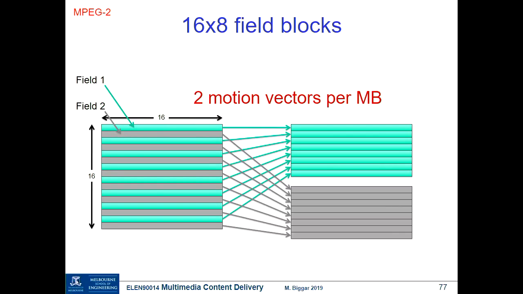We just take every 16 by 16 block and split it into these two field blocks and encode each separately. Why wouldn't we do that for all video? Say a progressive scanned one that comes from film, why wouldn't we encode it like that?